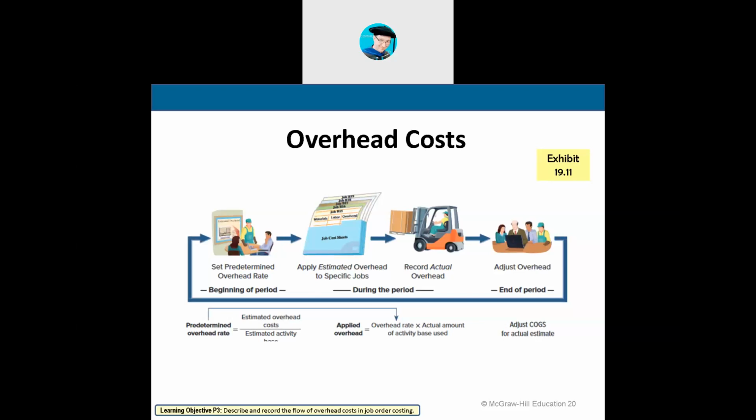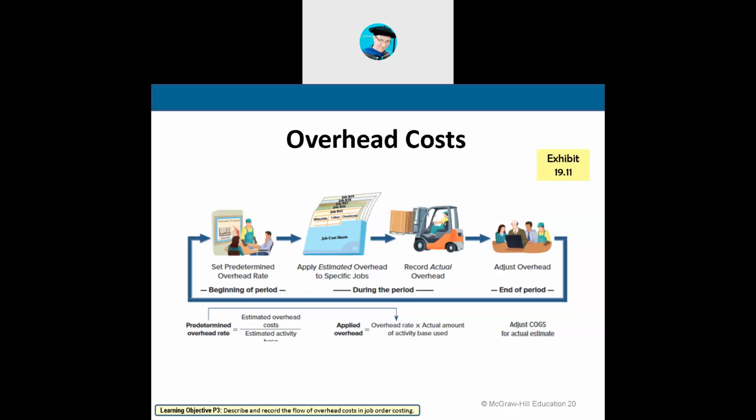Then we take that predetermined overhead rate and we apply it to the job. To do that, we take the 160% overhead rate times the actual amount of the activity base. In this case, it would be the actual time worked on that job.